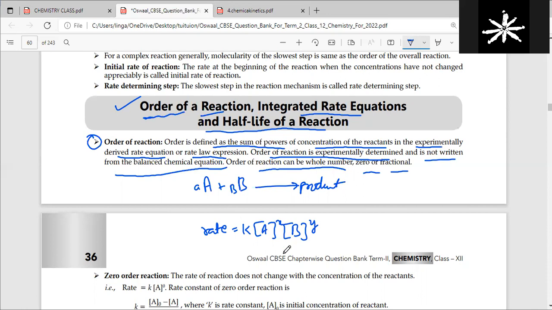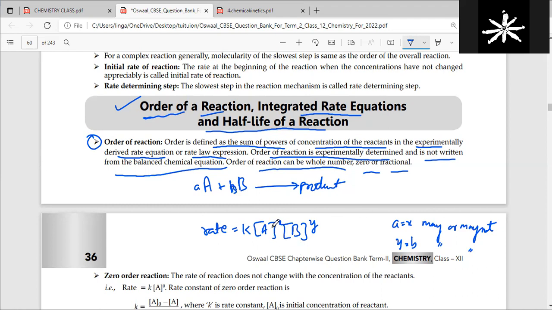Generally, A to the power of a it should be, B to the power of b, but it is not mandatory. Sometimes a equal to x may or may not be. Similarly, y equal to small b may or may not. Sometimes it will be same or different also.